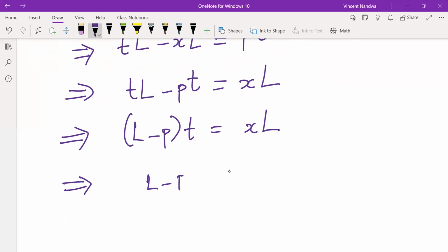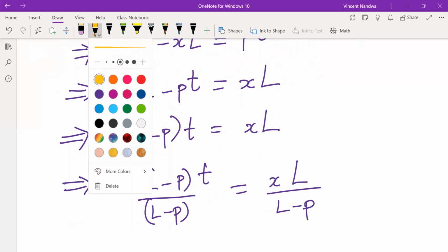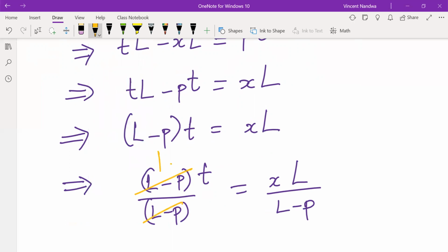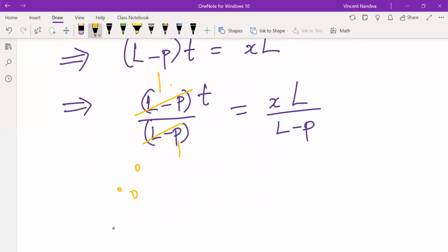So L minus p divided by L minus p equals to xL over L minus p. So this and this cancels out. Therefore, t is xL divided by L minus p.